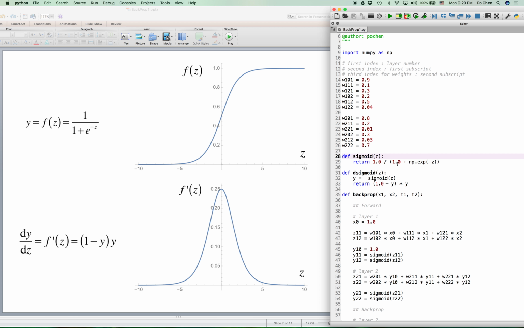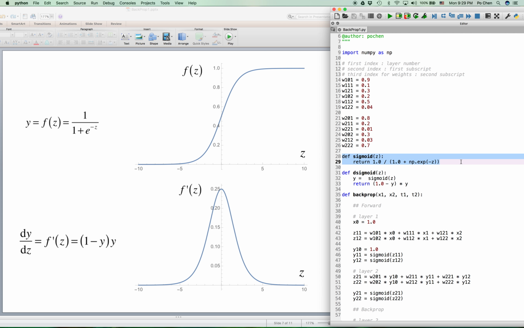The np.exp function is the same as the exponential function here, and minus z is the power. That's our definition for the sigmoid function. So we have a Python implementation of that function. It's just 2 lines.